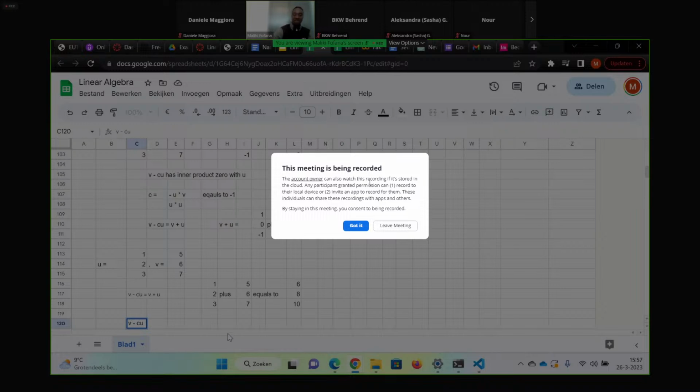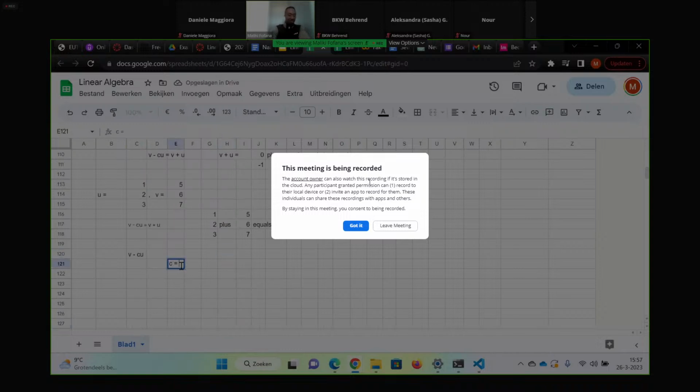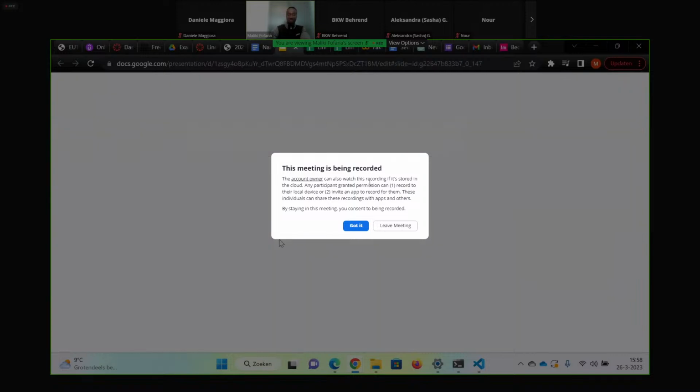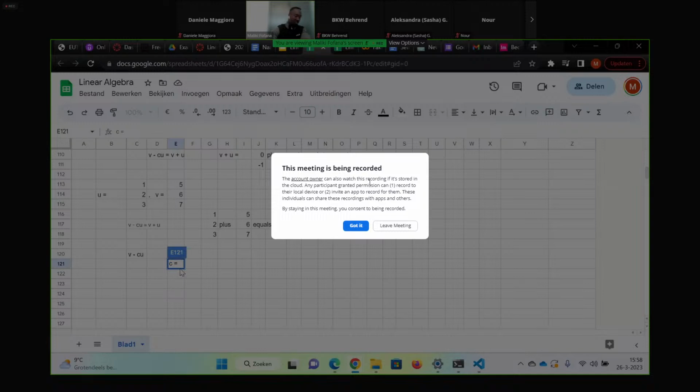To calculate your C, you should apply this equation here, and the U is not negated; the negation sign comes in front of it, right? So if I go back, my C should give me 19/7 if I compute it.